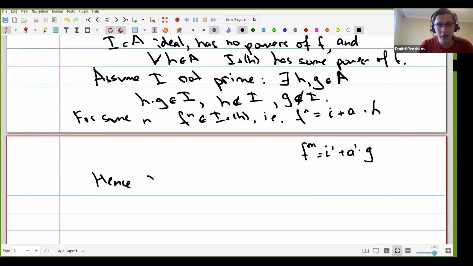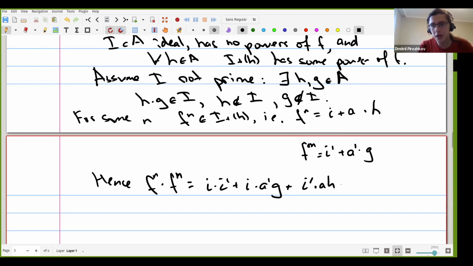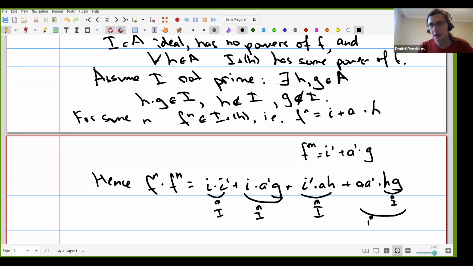Hence, f^n times f^m is equal to I times I prime plus I times a prime g plus I prime times a h plus a a prime times hg. But now this part lies in the ideal I, this part lies in the ideal I, this part lives there as well. And here, since we know that hg belongs to the ideal, this also is an element of the ideal.